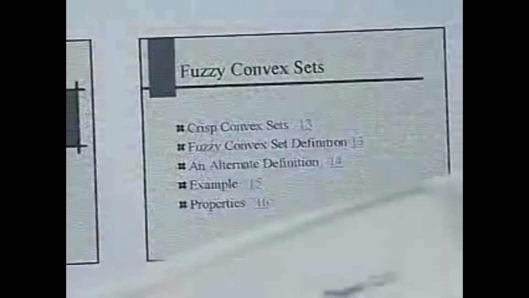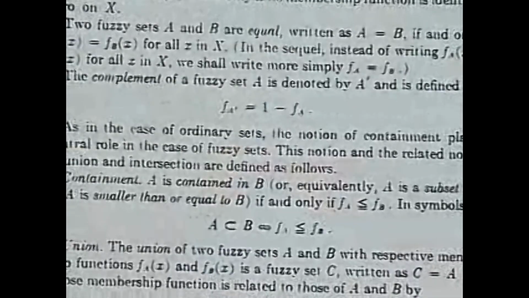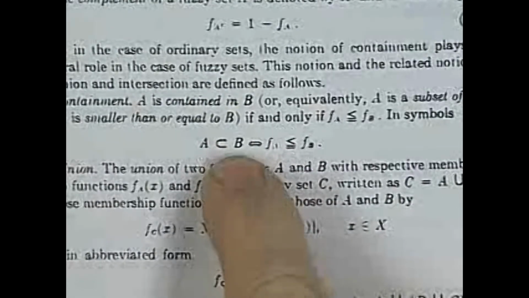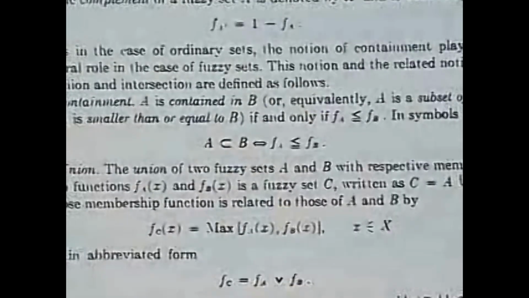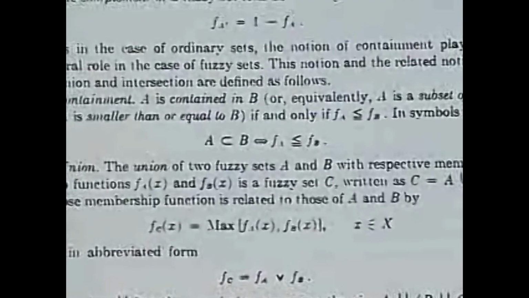It's remarkably readable, as all good papers are. He has, for example, the concept of the complement defined, the idea of subsethood. Remember, if one membership is smaller than the other, it's a subset. That concept is defined here.